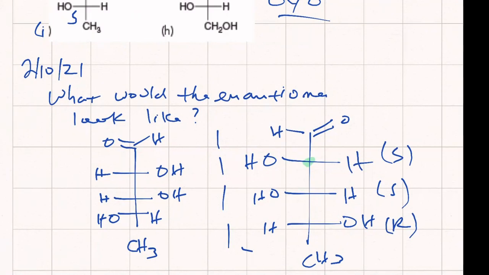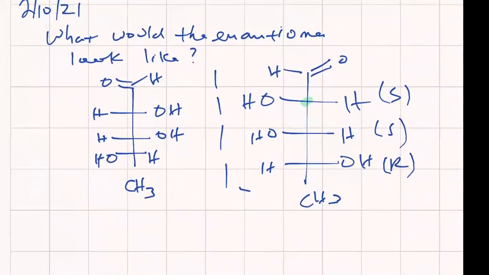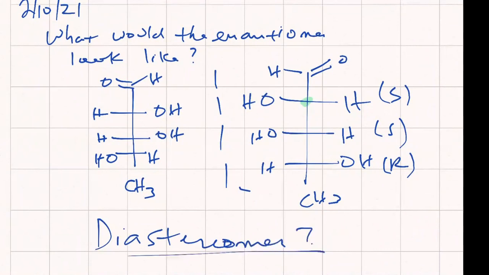All right, next question, and then we're on to something else. What would a diastereomer of this look like? It'd be the opposite of the original image. Let me copy it so I don't have to redraw it.